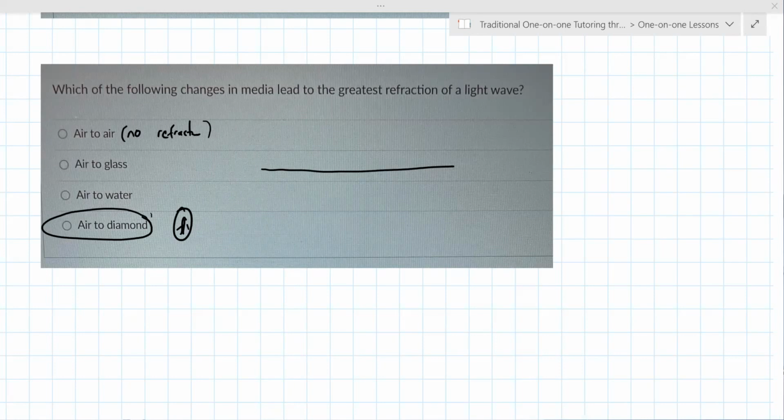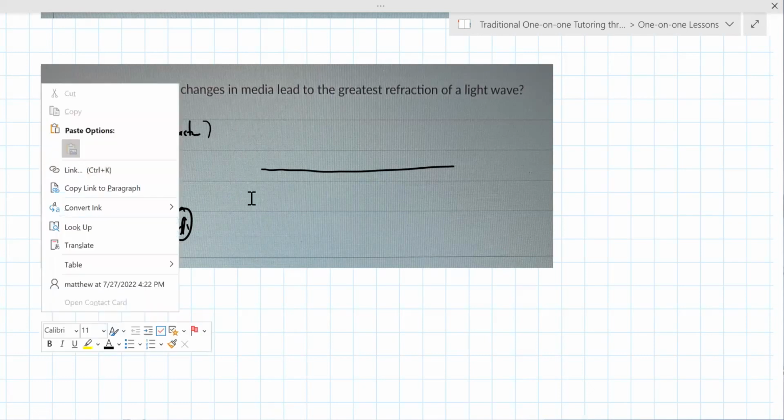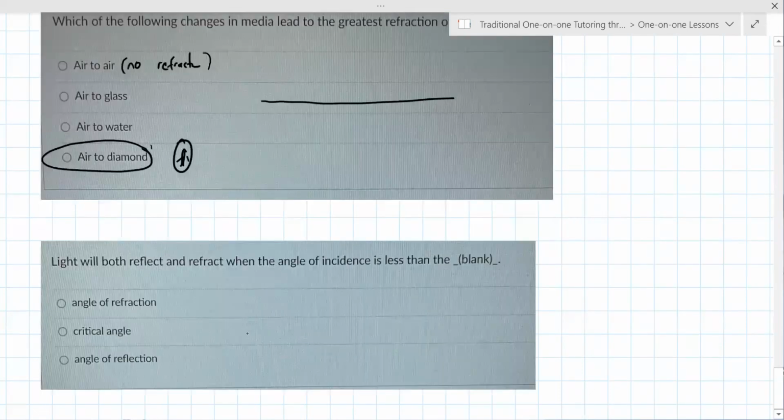This next one here looks like another pure definition thing, so I'll have to look this up again. It says light will both reflect and refract. So reflecting and refracting, going through the medium as well as coming back when the angle of incidence is, and yeah, what's one of these? I don't know.